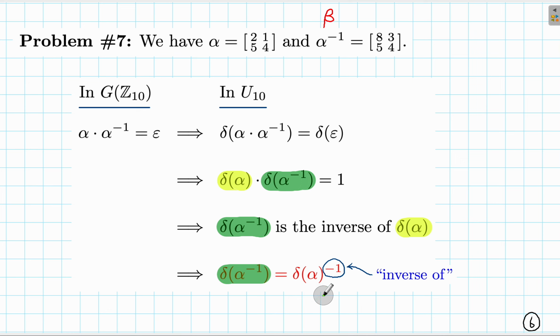And to write that, it's the inverse of delta of alpha. And so this bottom line, which looks like we just pulled the -1 out of the parentheses, is really a symbolic way to write down the step before it, namely delta of alpha inverse is the inverse of delta of alpha.